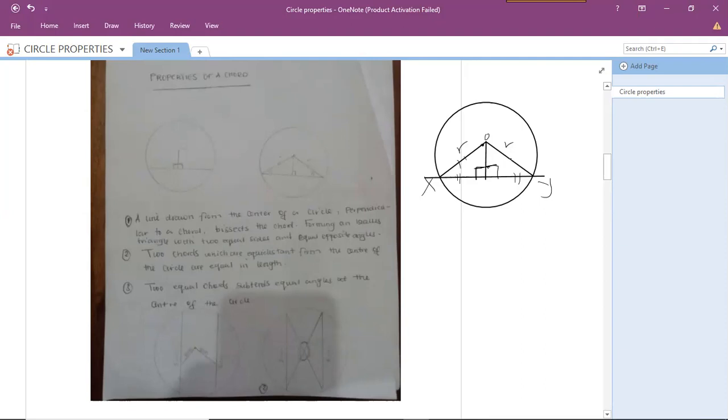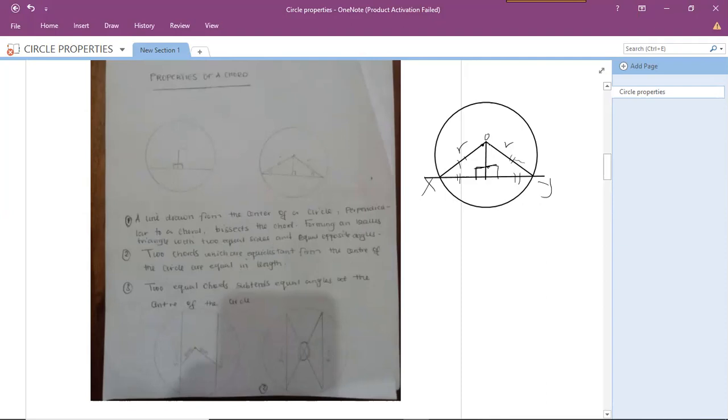So triangle OXY becomes an isosceles triangle, meaning this side is equal to this side. So you have to make sure you know all these points. That's the first property I want you to know, properties of chords.